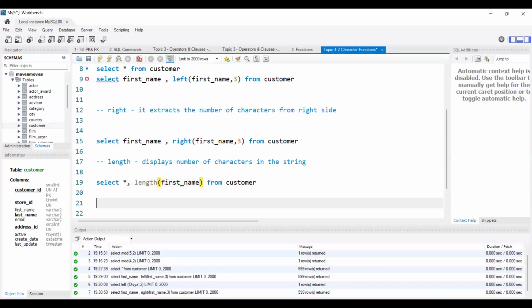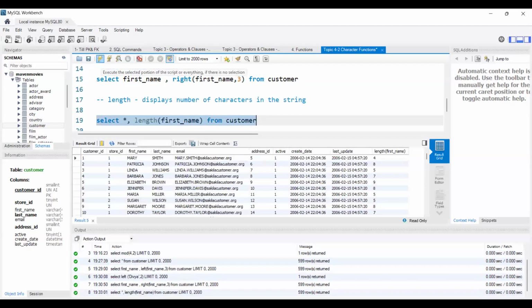Asterisk in the sense it will display the entire data, and along with that data it will also display the length for us. Okay, let's see how the output will look. So this is my entire data, but at the end you can see one more column is added because I kept a comma in here.